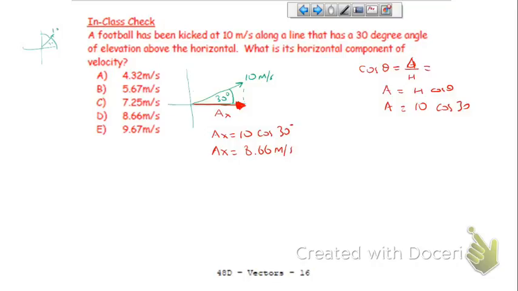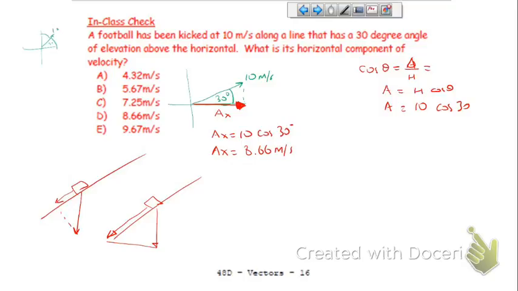The other thing that took me a while to figure out is that the original vector is always the hypotenuse. It seems obvious here, but when you have a block on a slope and you're trying to find the slope component, it's very easy to draw it like that, and it is wrong.